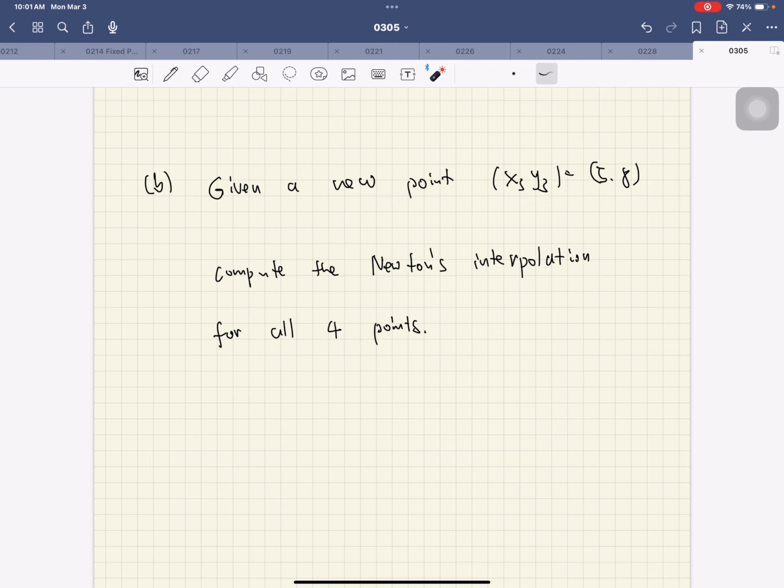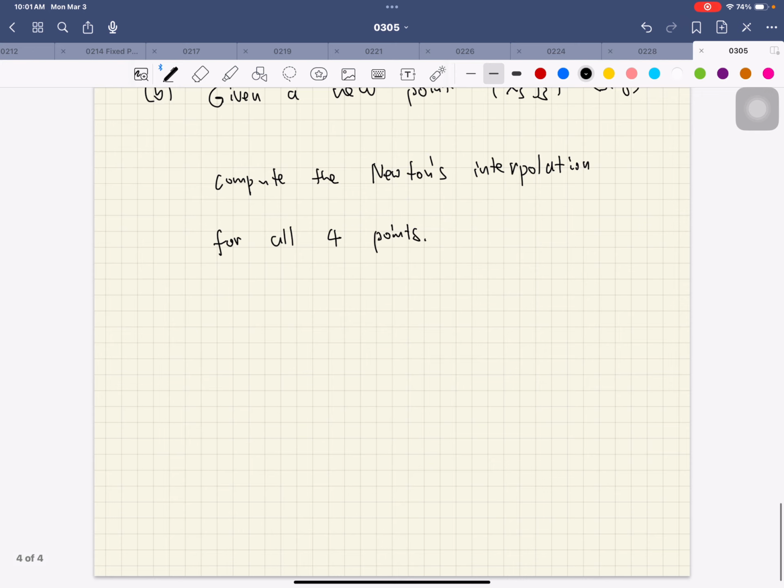The reason is we can use the divided difference, and we just need to compute the partial information. Okay, so how can we do this? And why the others, for example the Lagrange interpolation, may not work, we will do it now. But let's first show how we can compute the Newton interpolation for all 4 points given the new information.